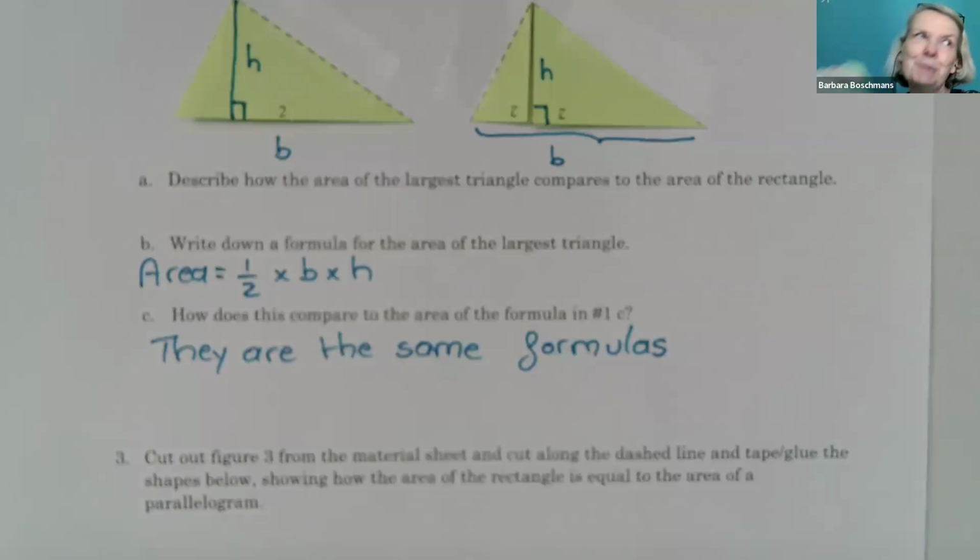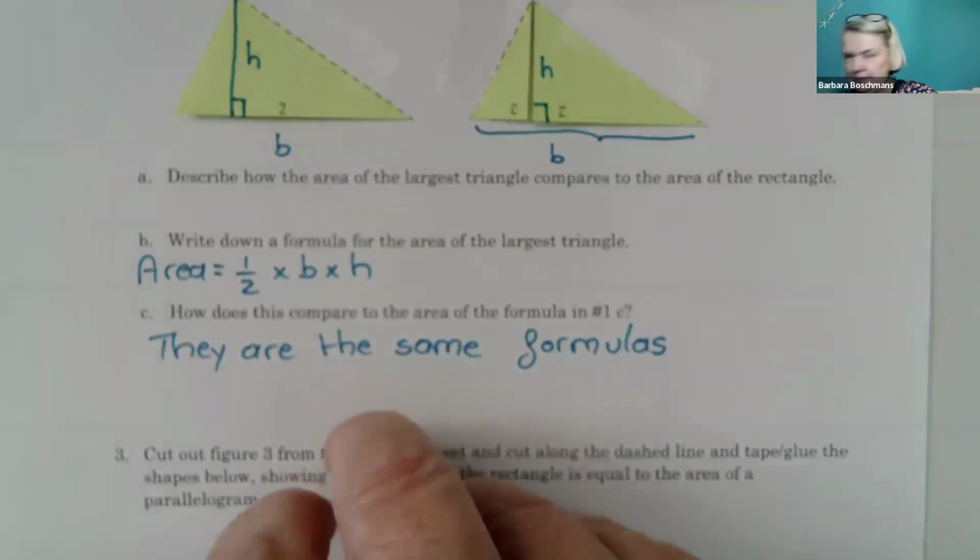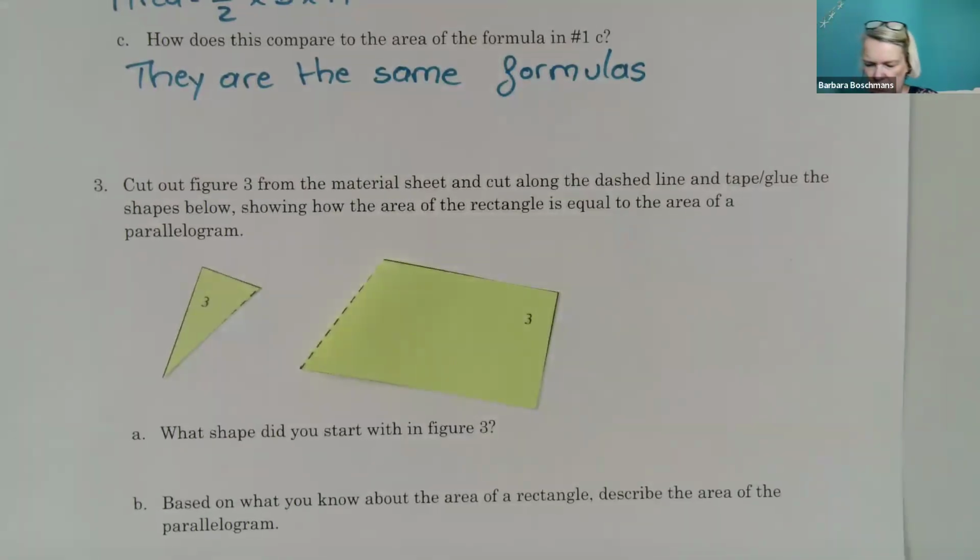I will be left with a triangle on the opposite side. So these are the two shapes cut off the rectangle. So what shape did you start with? You started with a rectangle. Based on what you know about the area of the rectangle, describe the area of the parallelogram.